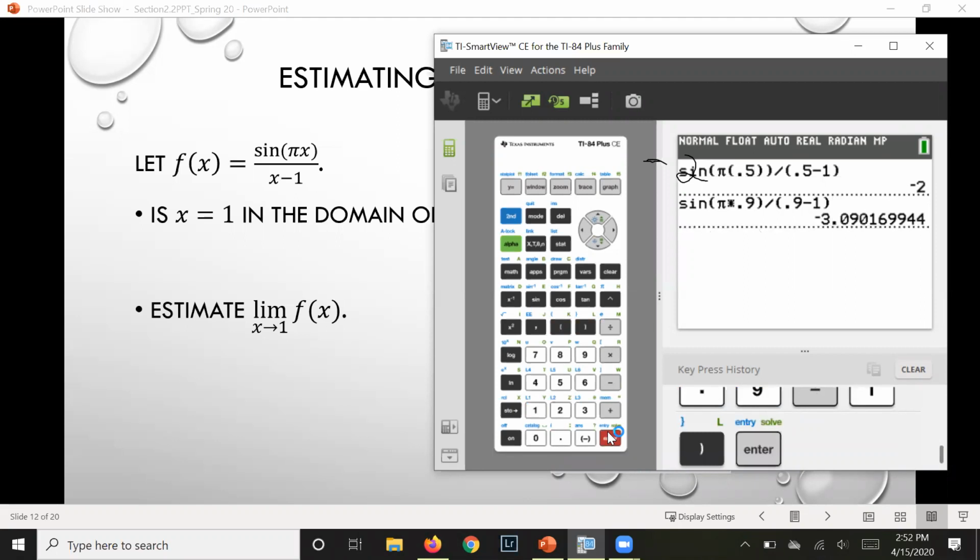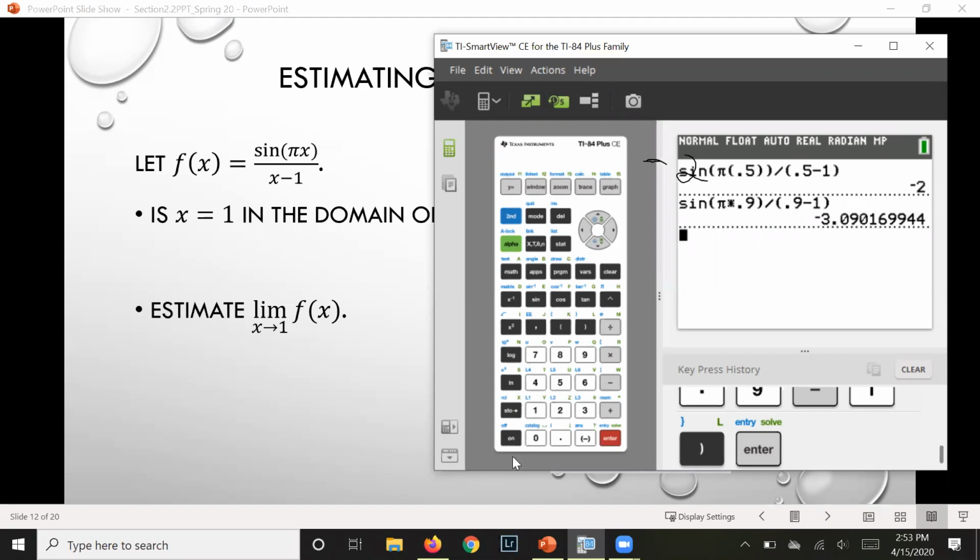And in this case, we end up with negative 3.0902. I'm going to use several decimal places here. But before I write that down, just notice this is getting to be a little tedious, having to put in this whole thing every single time. So to avoid that tediousness, we're going to use some of the nice features of our calculator.